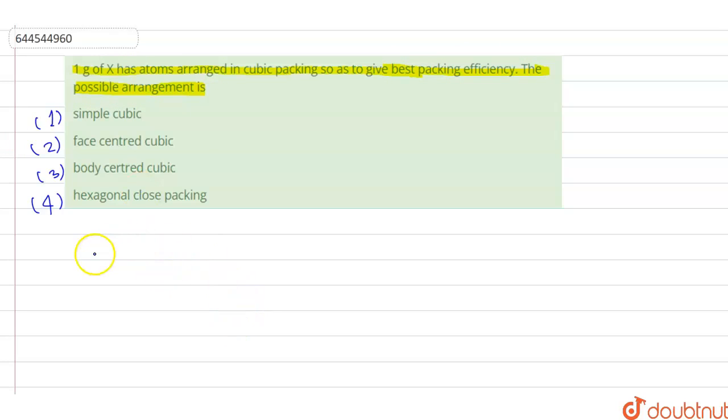So the given thing is that 1 gram of X is arranged in cubic packing, right?